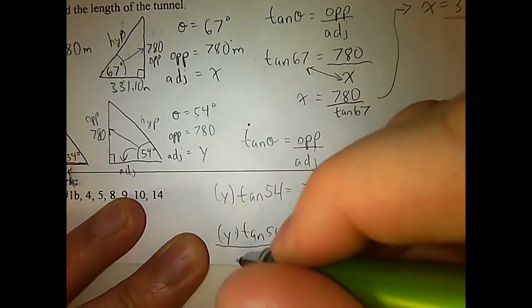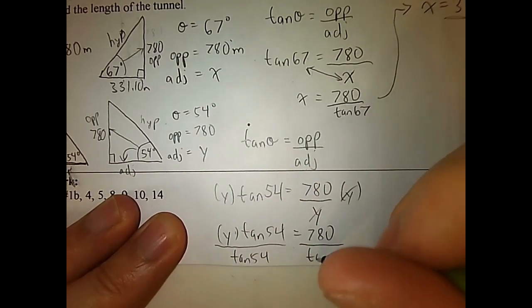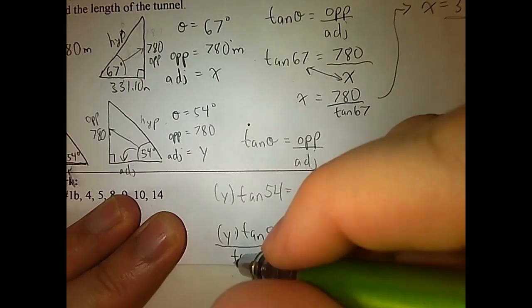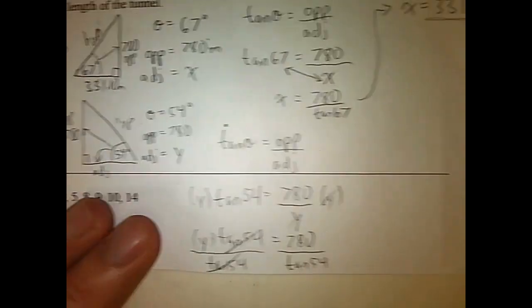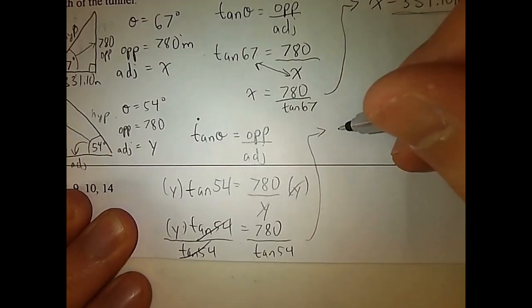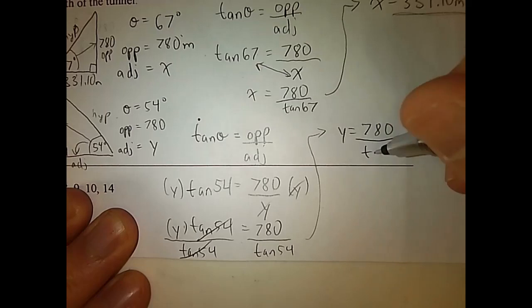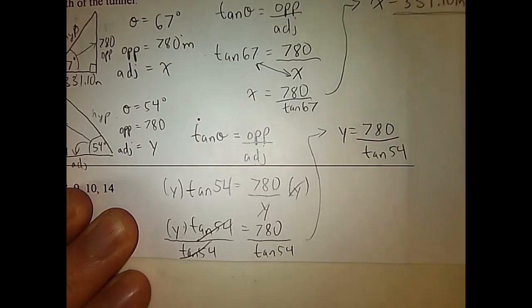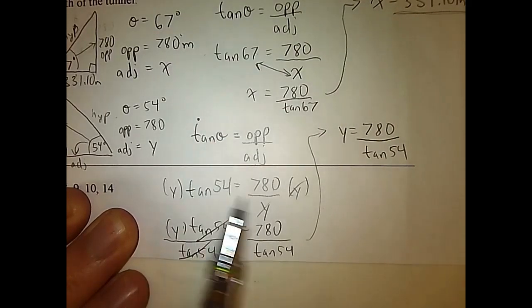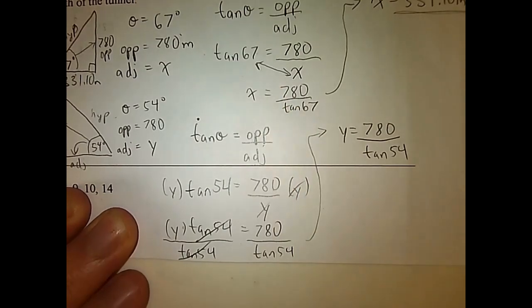Then I would divide both sides by tan 54. These would cancel out because they divide to equal 1. And I'm left with just y is equal to 780 over tan 54, which is what we would have gotten if we just switched places with them anyway. So that's how we get that. But if you do this in the future, I'm okay with that too.